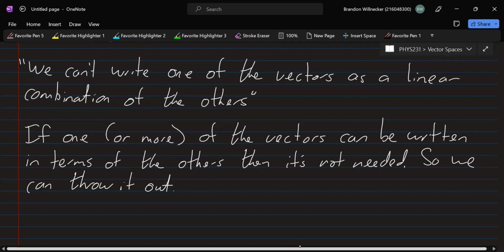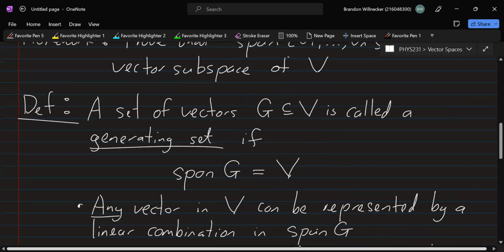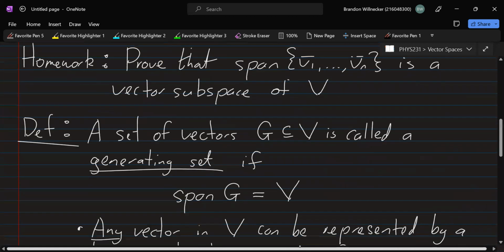Yeah, so what we can do, if we go back to this previous definition here, if we have a generating set, G, and we know it's a generating set if the span reaches all the vectors in the vector space. In other words, any vector can be written as a linear combination of those vectors. Okay, so in general, this G could be more than we need. It might have more vectors than we need, which means that some of those vectors are going to be dependent.